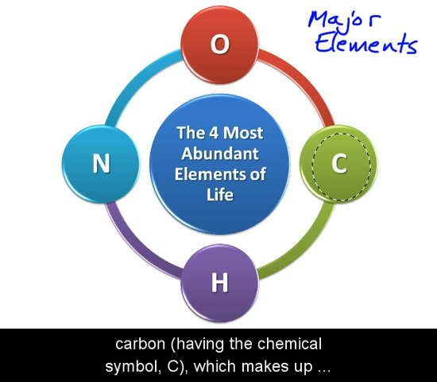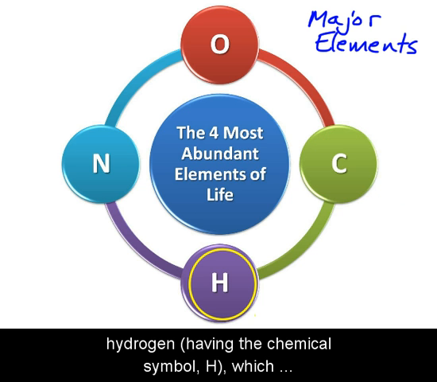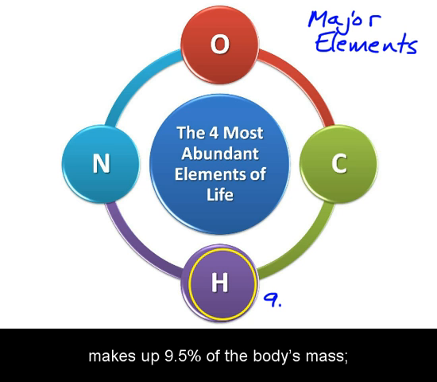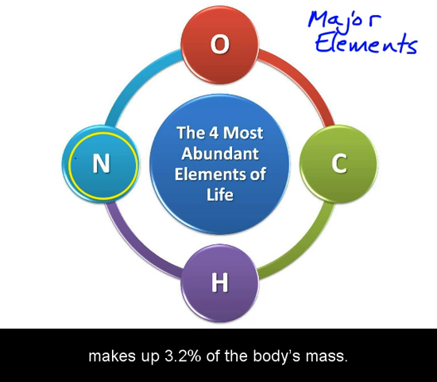Carbon, having the chemical symbol C, which makes up 18.5% of the body's mass. Hydrogen, having the chemical symbol H, which makes up 9.5% of the body's mass. And nitrogen, having the chemical symbol N, which makes up 3.2% of the body's mass.